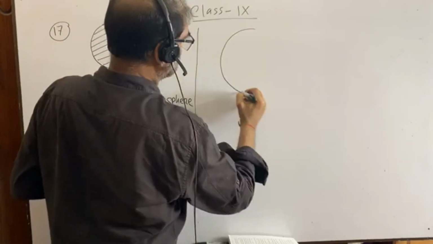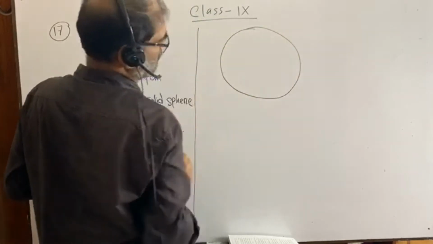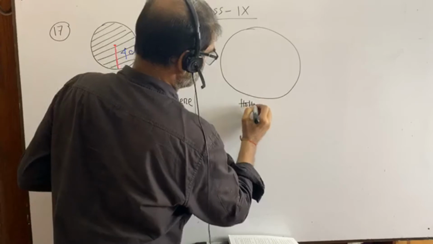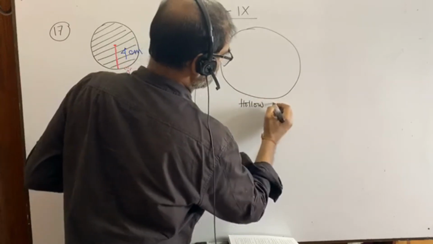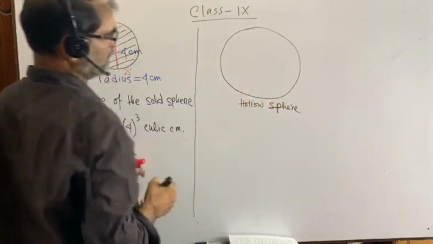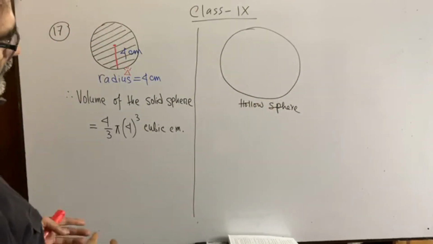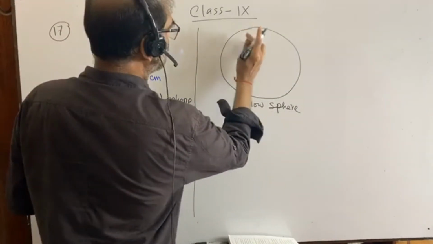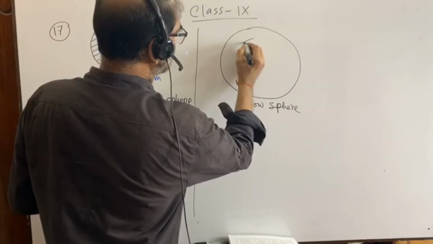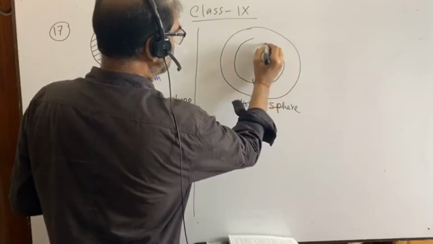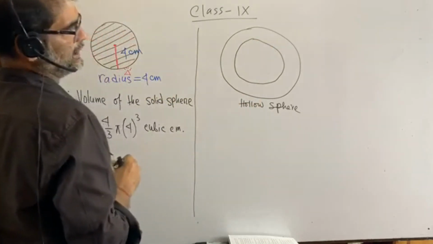Suppose it is now a hollow sphere. You write down, it is a hollow sphere. Okay, then that means like this, it is a hollow sphere.